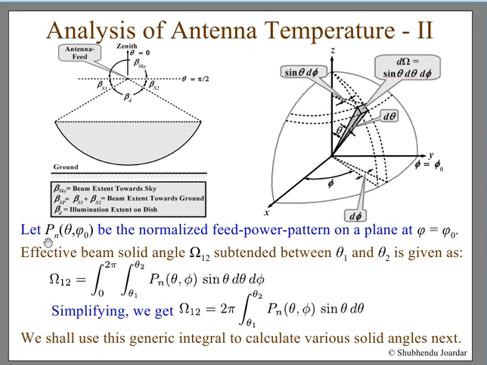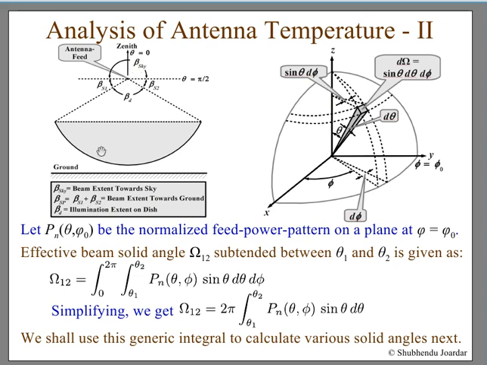Pn, if you remember, is the normalized radiation power pattern. It has a maximum value of unity, and other places are less than that. It is a function of two angles.